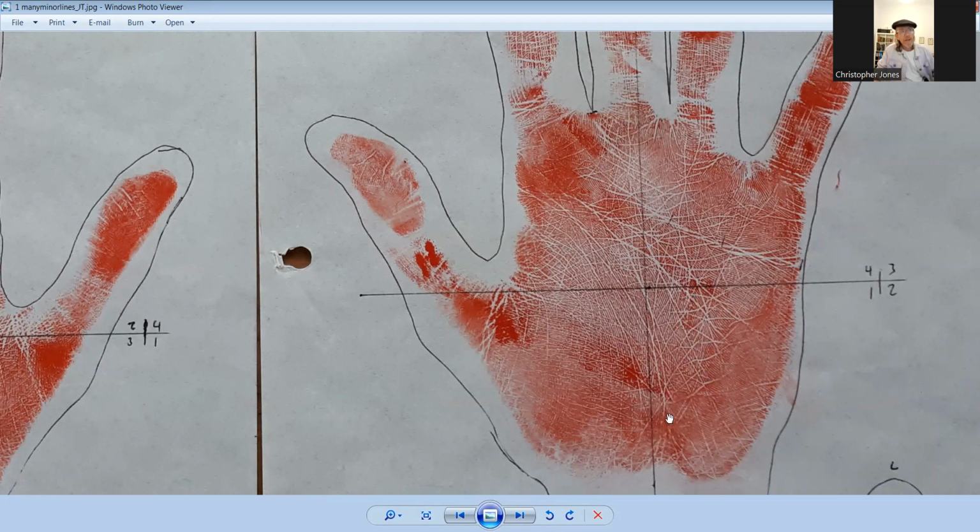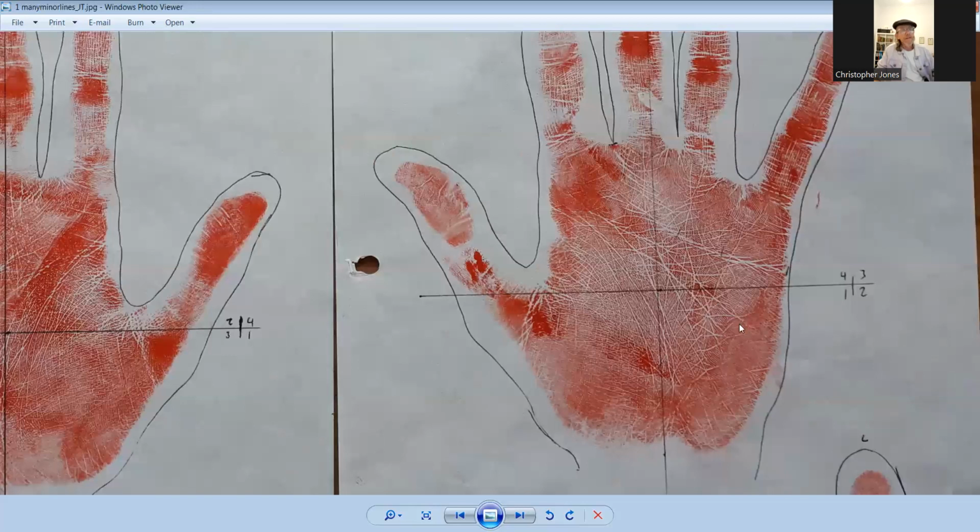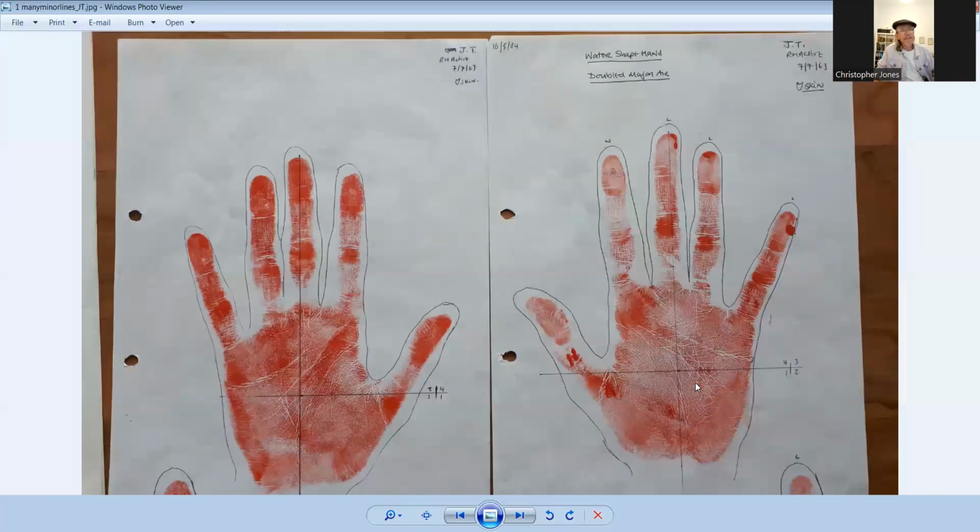So don't worry too much if you can't always identify the minor lines in the hand. Try and identify the major lines if you can, and pick out the key features that you can see in the hand. But just remember, the lines are not the most important part of the hand. The hand shape, skin texture, and particularly the fingerprint patterns are the hand features that will tell you about the personality and what the person does with their life. Their lines show people's experiences.